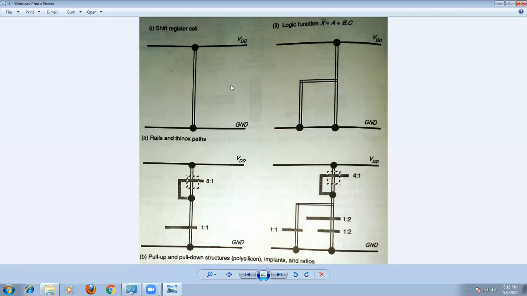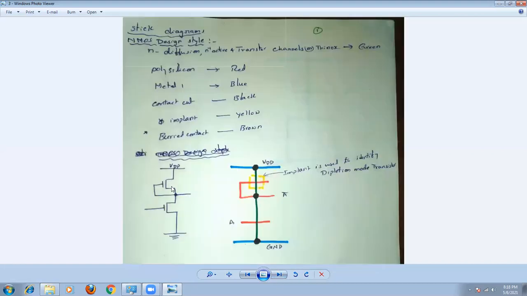Then take a green color. This is the first point. The second point is to take a green color and draw a vertical line, because just see here, this is N diffusion, N channel. This is also N channel. That means from drain to source, again drain to source, totally a channel. What type of channel is this one?